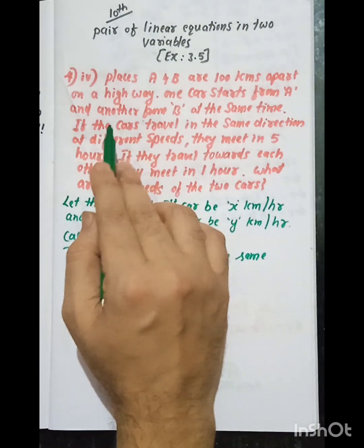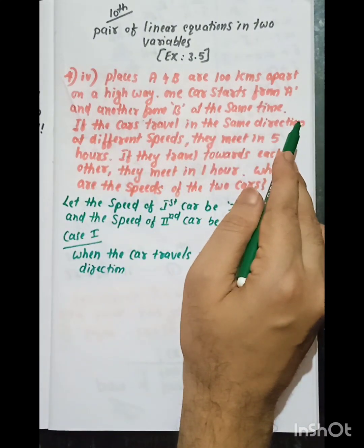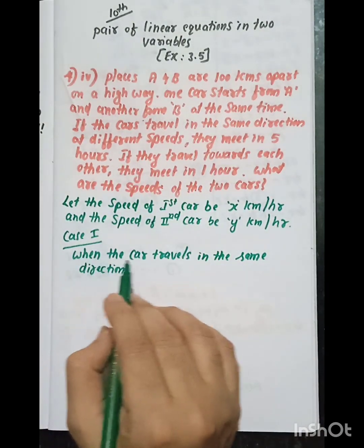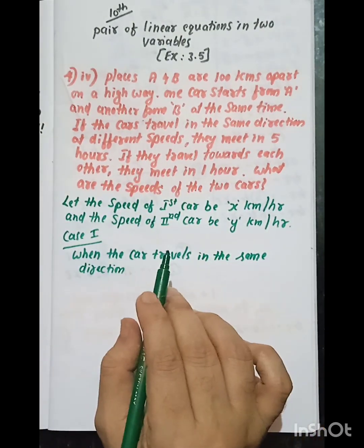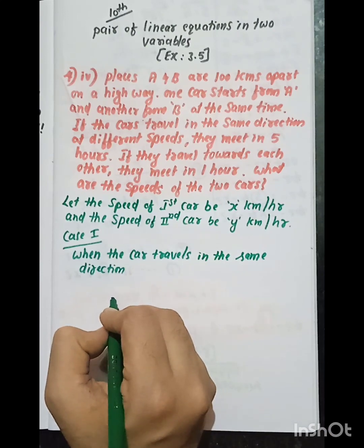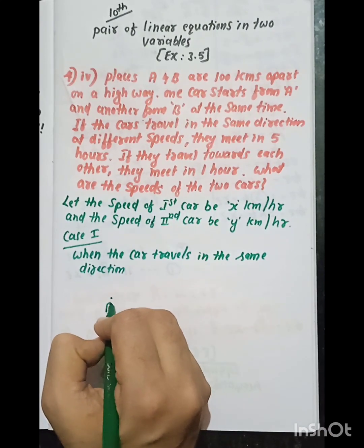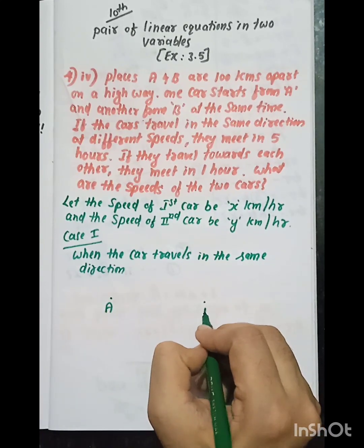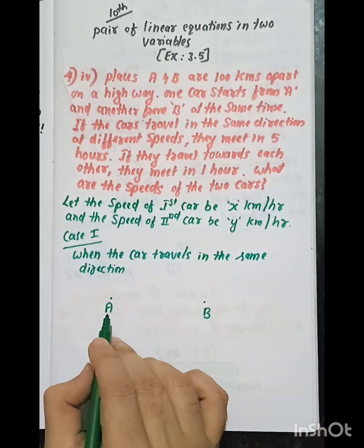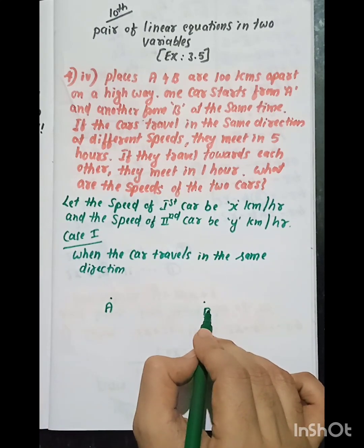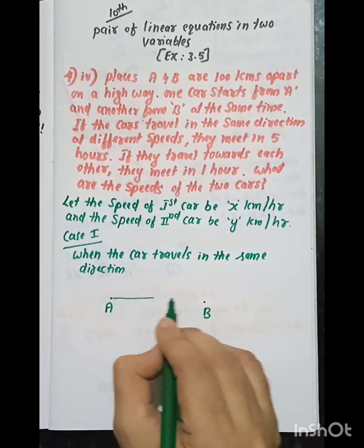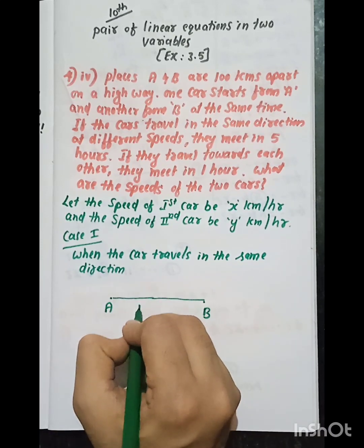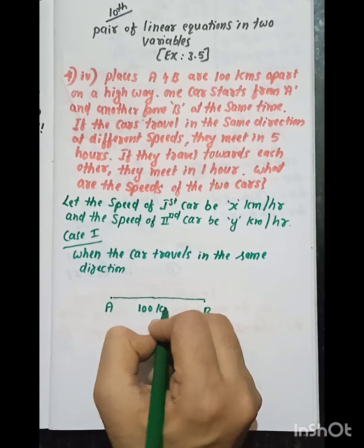Case 1: if the cars travel in the same direction at different speeds, they meet in 5 hours. So case 1, when the cars travel in the same direction. Let's take this as place A and this as place B. The first car starts from A and the second car starts from B. It is the highway, which has the two places 100 kilometers apart.